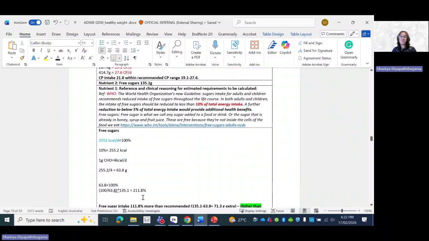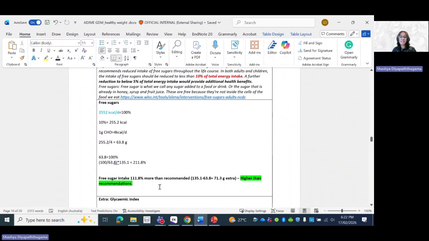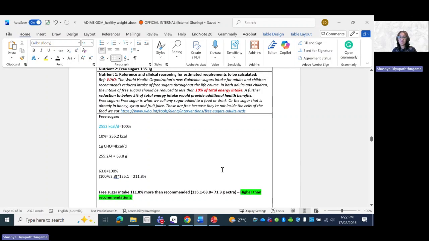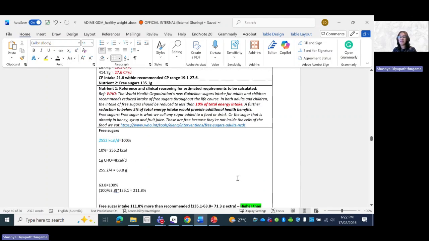That is 211.8%, which means her free sugar intake is 111.8% more than recommended, which means if we consider that in grams, that is 71.3 grams more than the recommendation. So that is a concern. She's having free sugars higher than recommended.